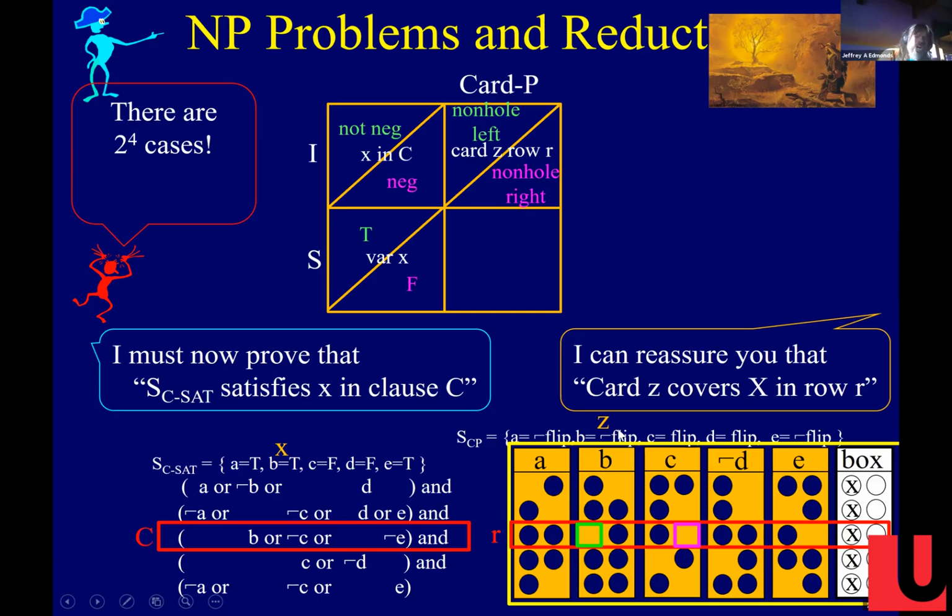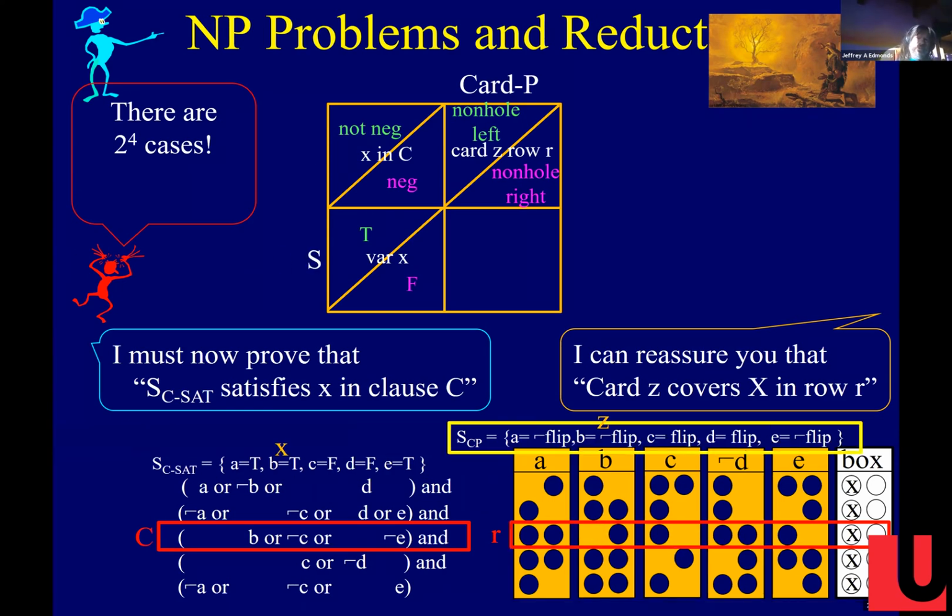We have a card we care about, a column we care about, a row we care about, and that card in that row might have a non-hole in the left and it might have a non-hole in the right. I guess it could also have a non-hole anywhere or both places, but that's probably not going to happen. So now let's talk about the solution.